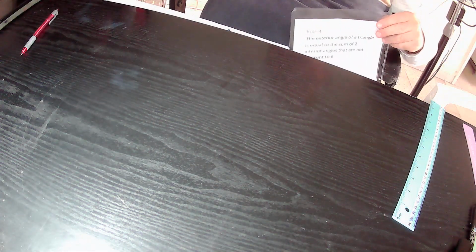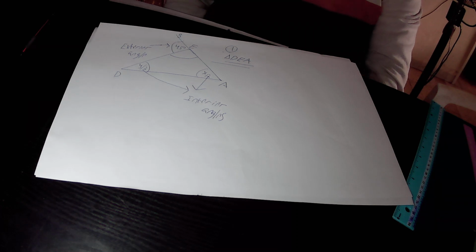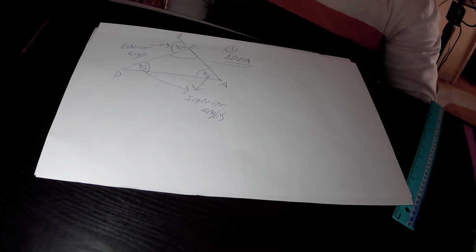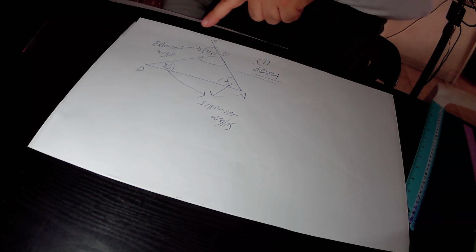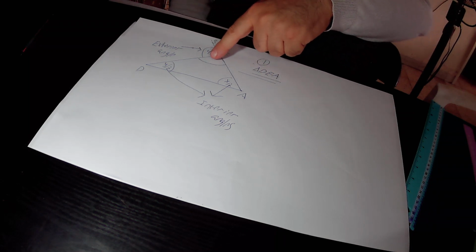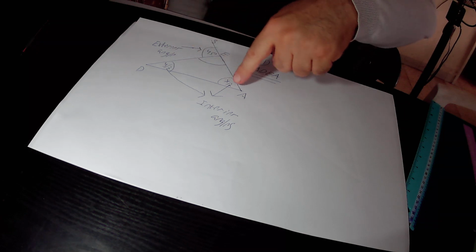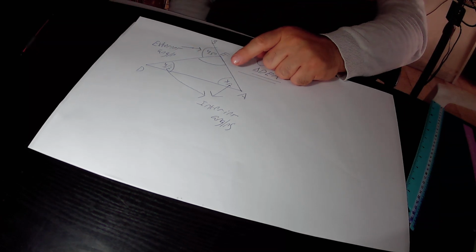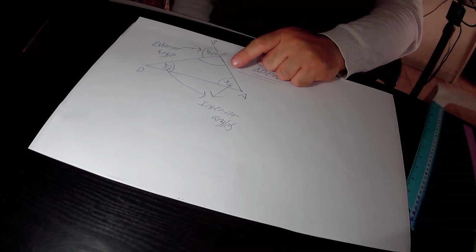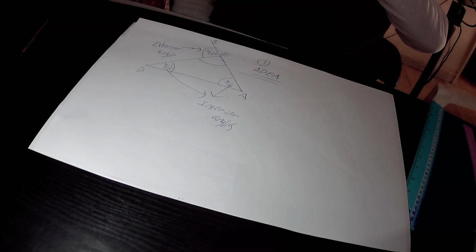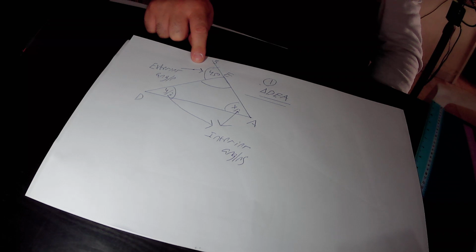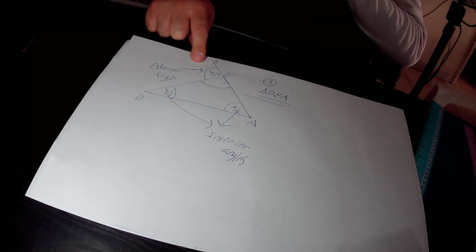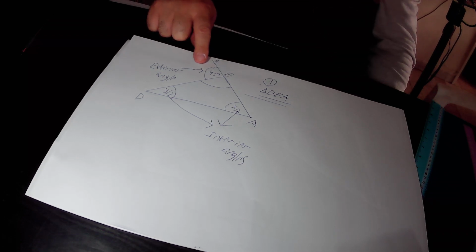Why? Because in our drawing we have here a triangle DEA. Those angles 1, 2, 3 are defined as interior angles because they are located inside the triangle, while this angle BED, the size of angle BED is 45 degrees.